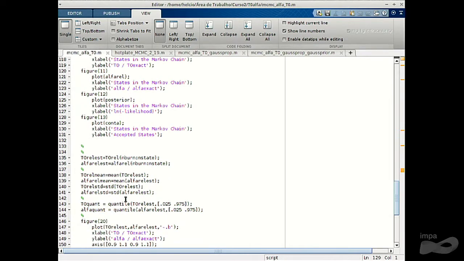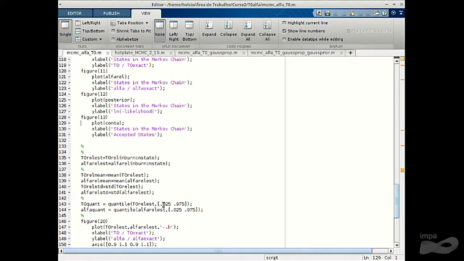And after I do this, I remove those initial states that are related to the burning period. So I only keep the states between the burning period and the final state. And then for those, I compute the mean, the standard deviations, and I also compute the quantiles.